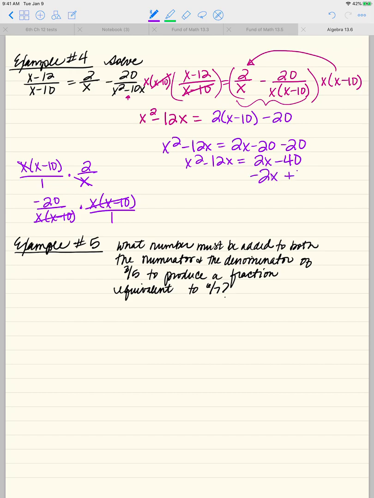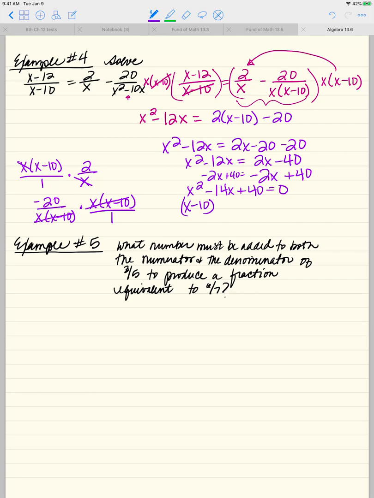Subtract 2x and add 40 to both sides. That's going to give us x squared minus 14x plus 40 is equal to 0, okay? Two factors of 40 whose sum is negative 14: negative 10 and negative 4.